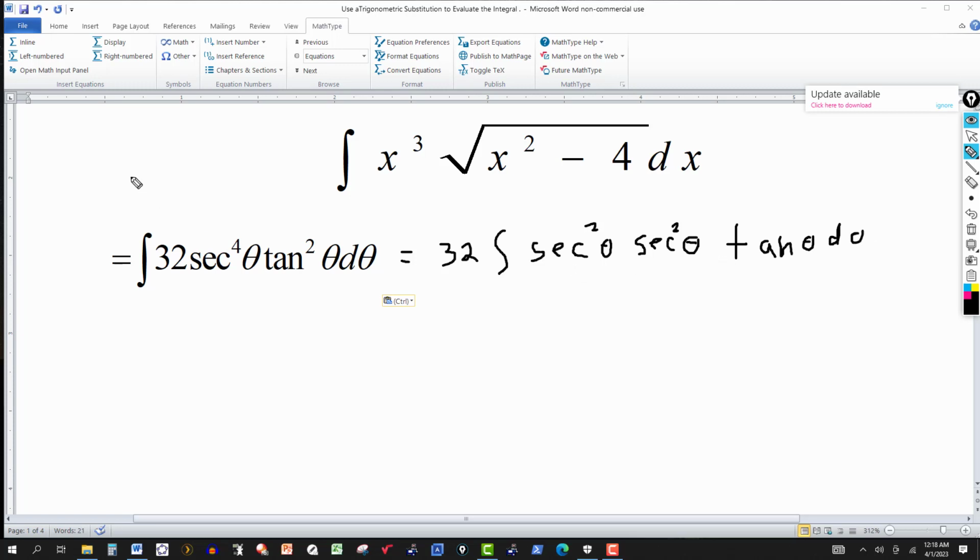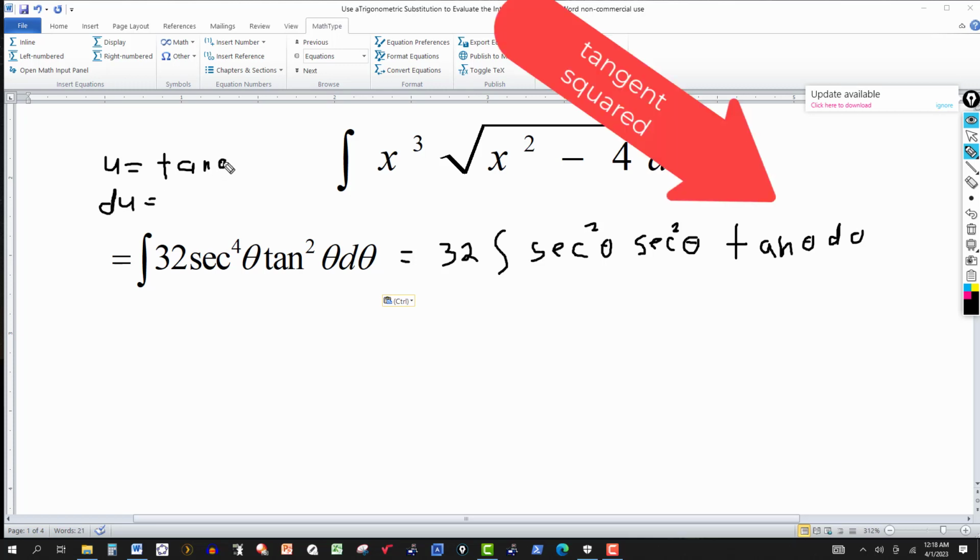So what I'm going to do here, I need a u substitution now. I'm going to let u equal tangent of theta. So du, the derivative of tangent, is secant squared theta, and this will be d theta. And then I'm going to replace this secant here.